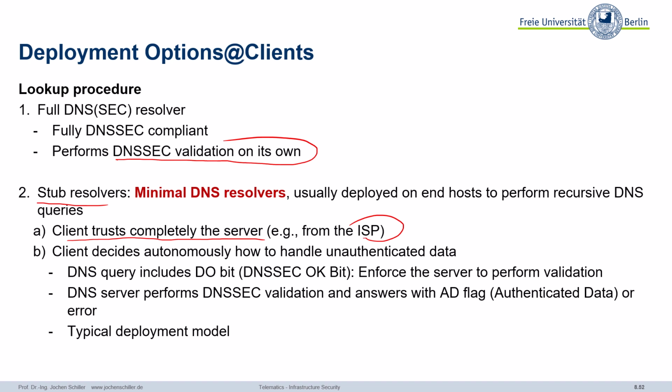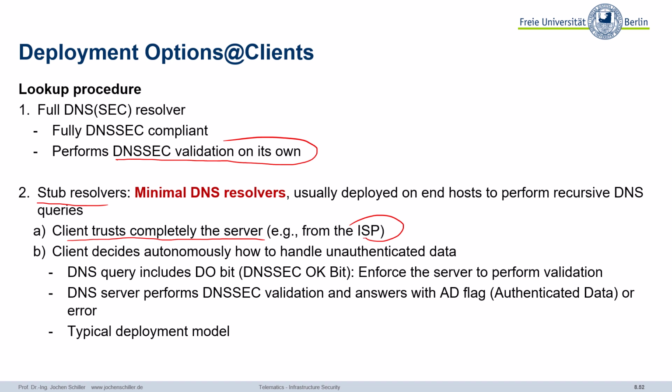So you can enforce the server to perform validation. If it fails, the server answers with an error, and you can decide if you need the authentication or not. So that's one way of doing so. You don't have to have a full DNSSEC resolver.